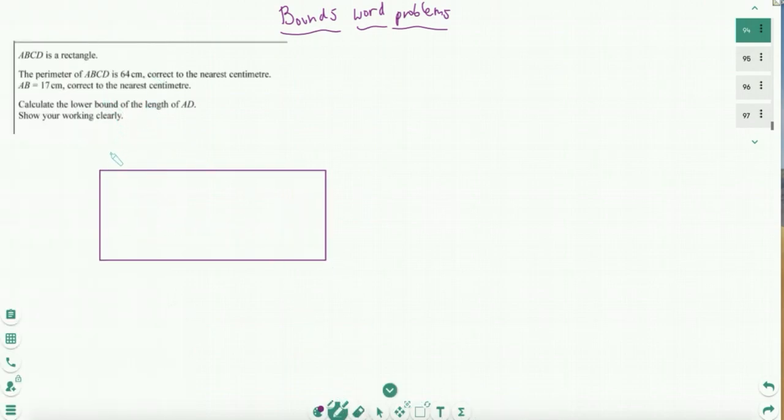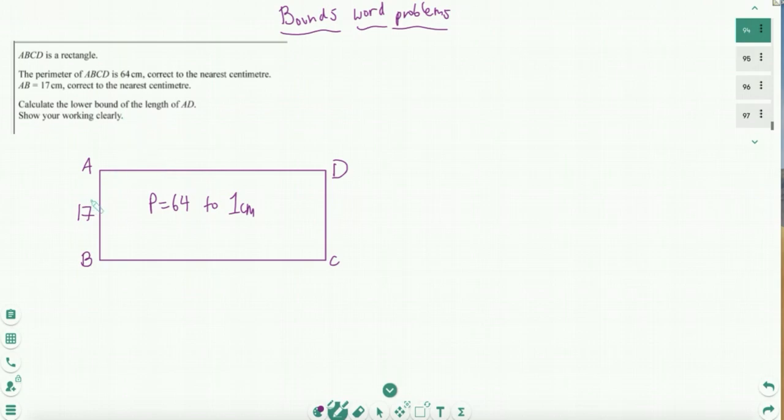And so A, we'll not label it yet. The perimeter is 64 to the nearest centimeter. So to the nearest 1 centimeter. AB is 17, so I'll say AB is 17, and CD.